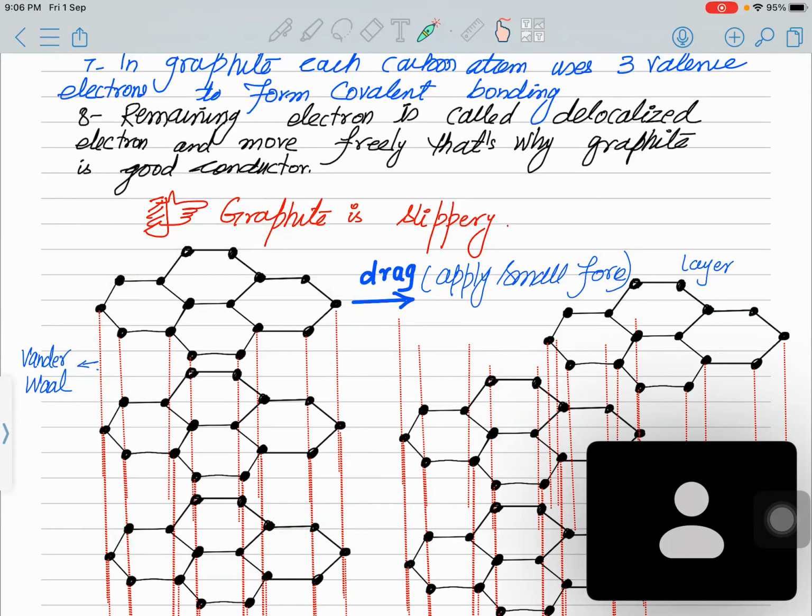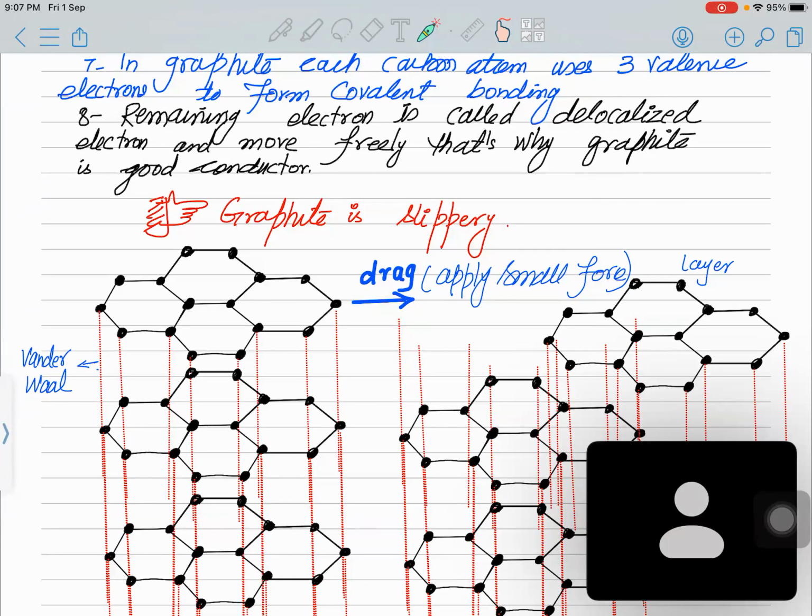Giant covalent structures have a high melting point. Why do they have a high melting point? Because they have very strong forces and bonding, right?